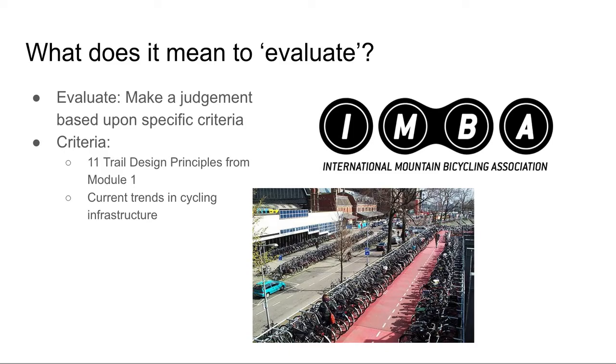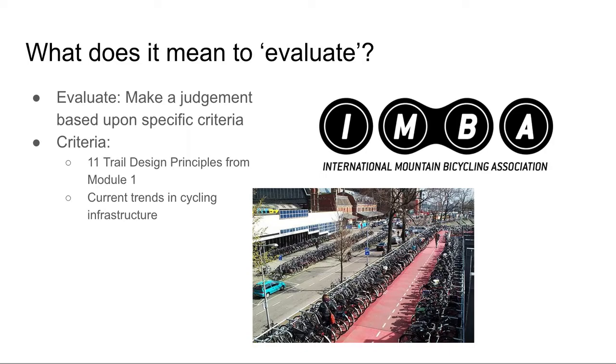Now, we're not looking at whether people are guilty or innocent today, but rather you'll be either looking at 11 trail design principles from Module 1 if you are maintaining sustainable mountain bike trails, or you'll be evaluating a specific area based upon whether it's lagging behind or meeting some of the things that are going on globally in current trends in cycling infrastructure.